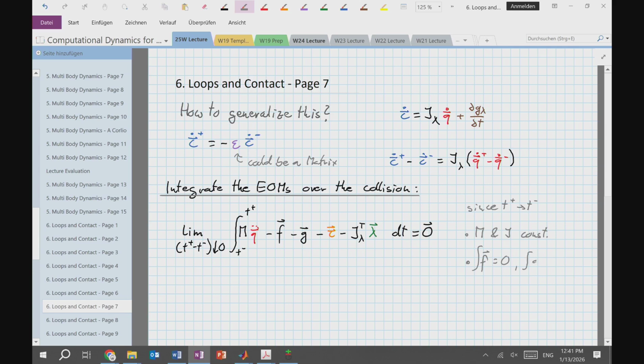The same holds for gravity. Integral over gravity is going to be 0. And the same holds for my motors. They can only produce finite torques. So the integral over these torques, and all of these should be dt. It's not the cleanest notation, but I hope you know what I mean. If I integrate over these quantities, they're all going to be 0.